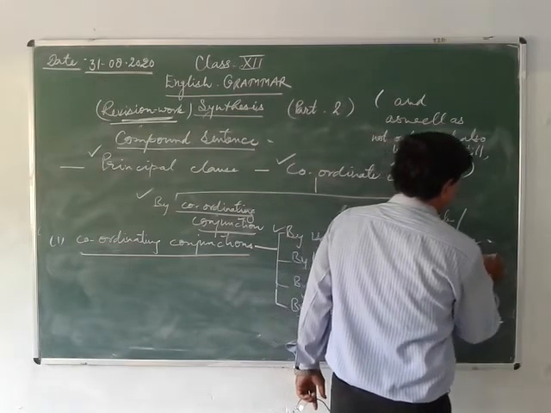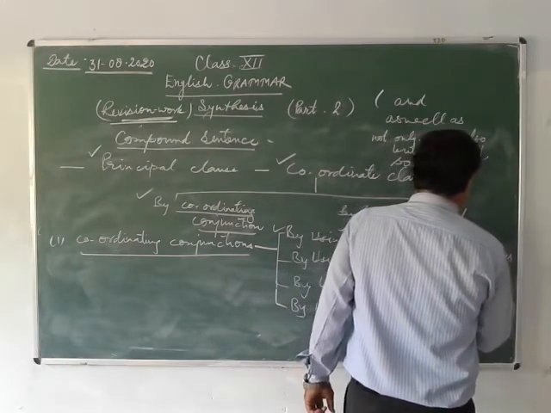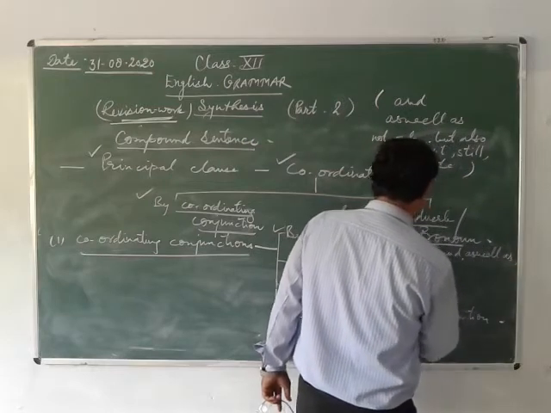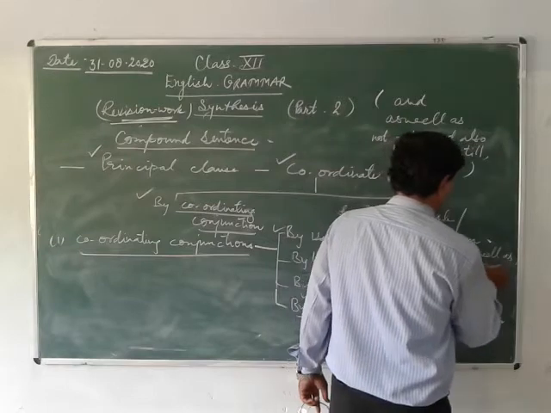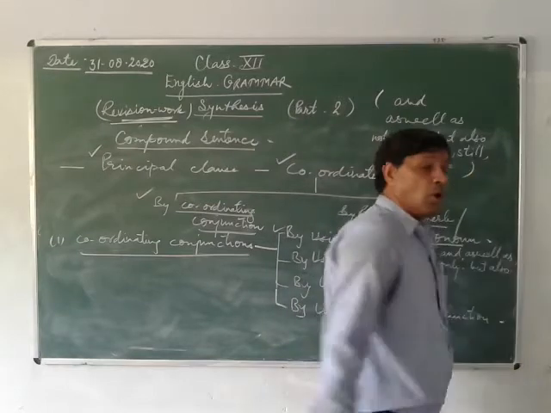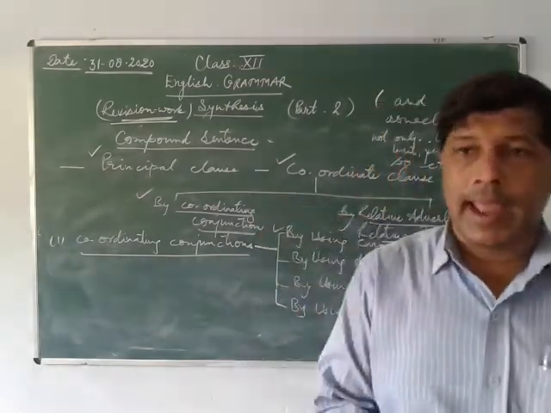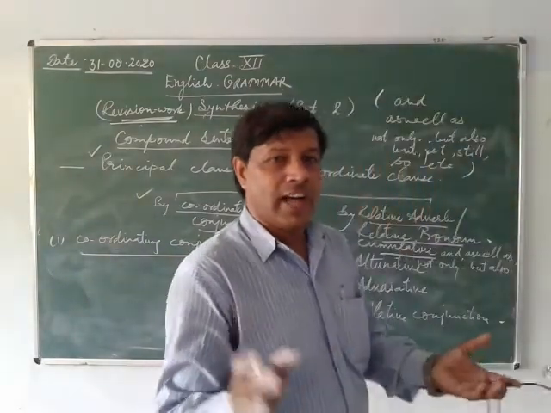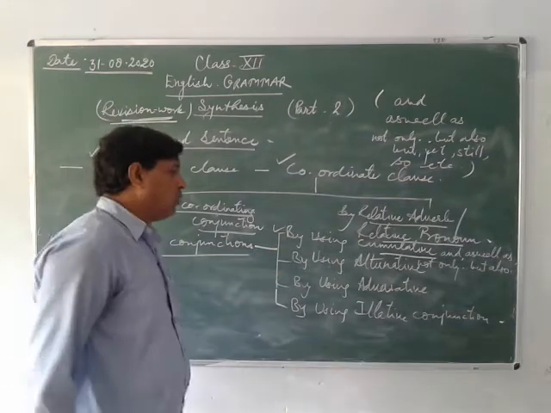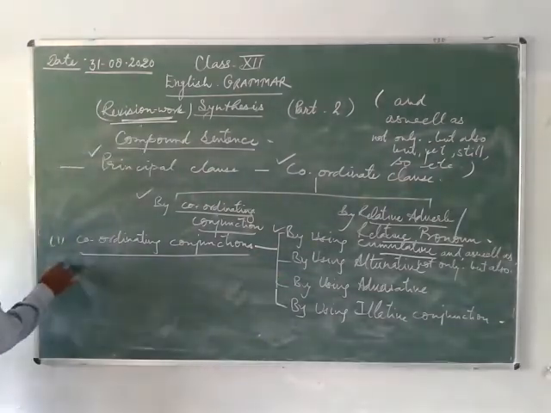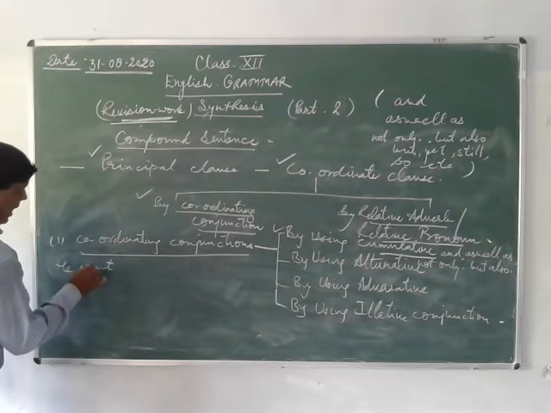When we use a cumulative conjunction, certainly we use the conjunctions and, as well as, not only but also, both and. So on behalf of all these conjunctions, you can use your cumulative conjunction. You can see the example. He went to Agra.